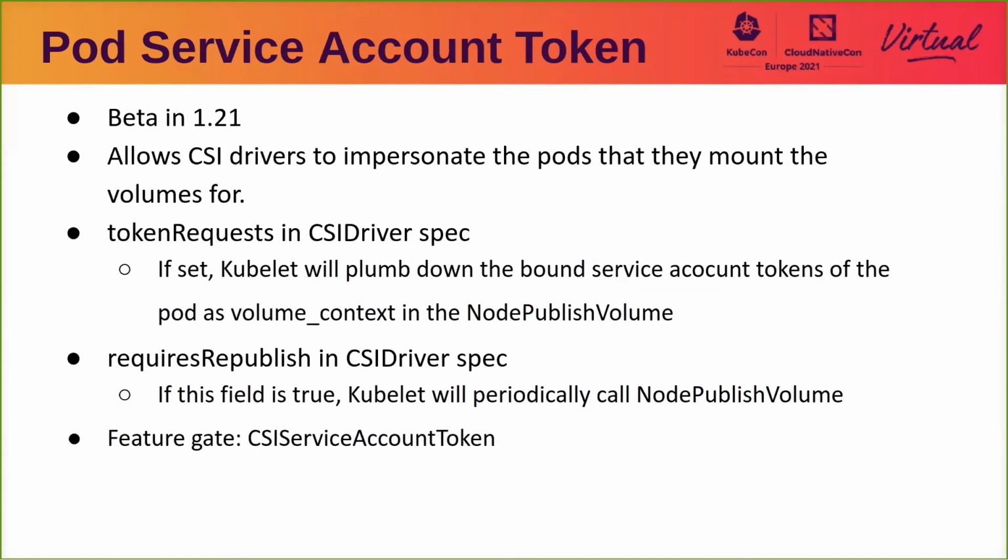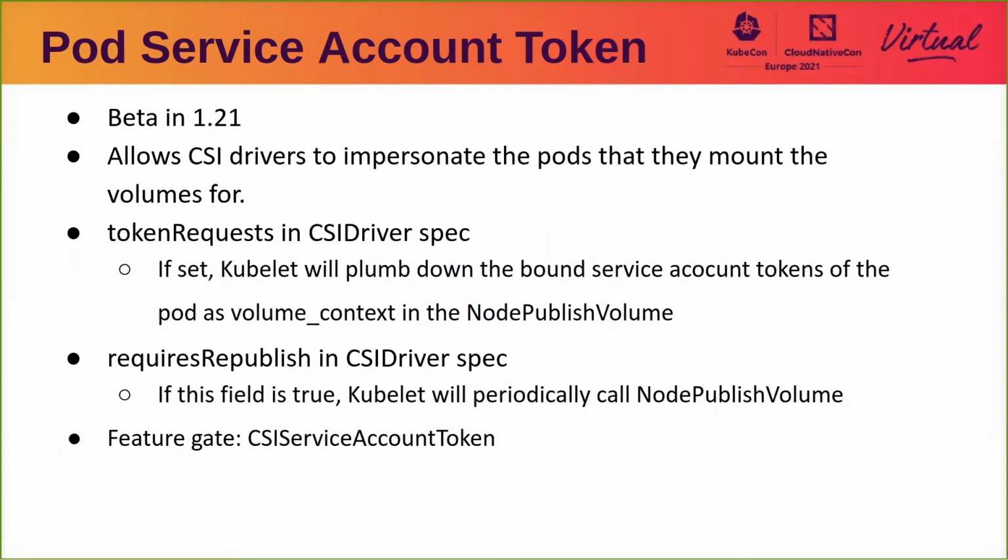If token requests is set in CSI driver, the token will be bound to the pod that the CSI driver is mounting volumes for and will be set in volume context in the node publish volume RPC. If CSI driver doesn't find the token recorded in the volume context, it should return error in node publish volume to inform Kubelet to retry.